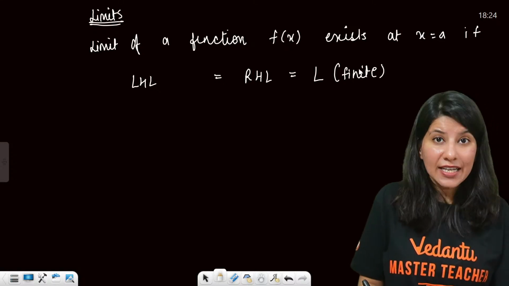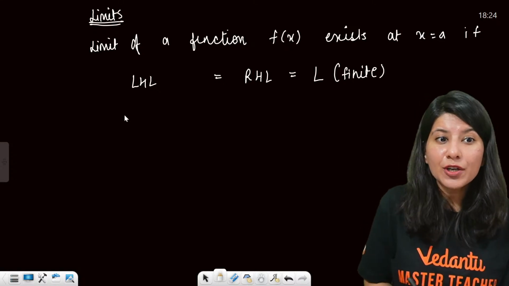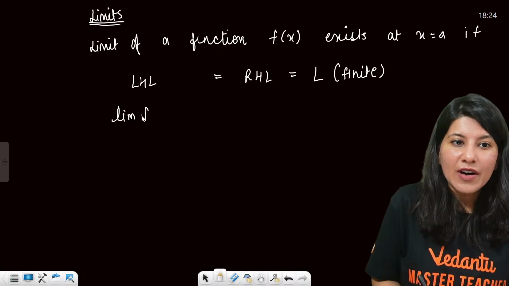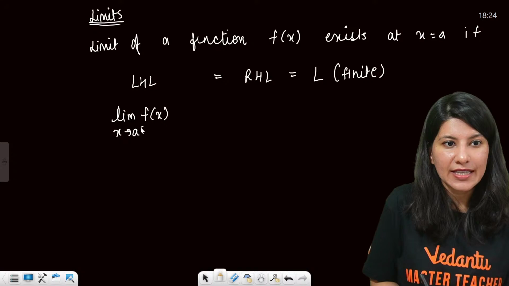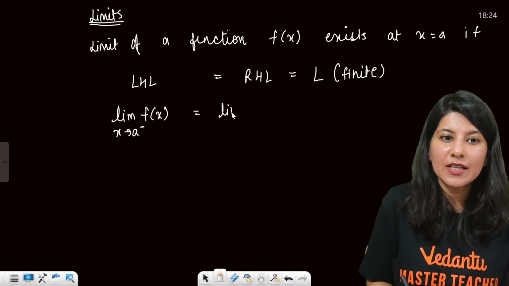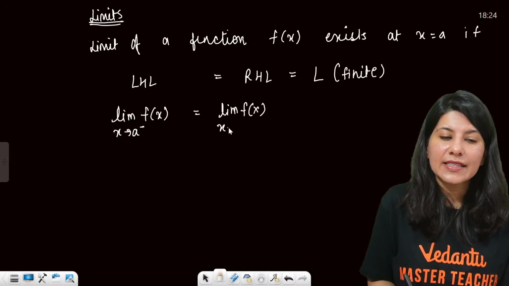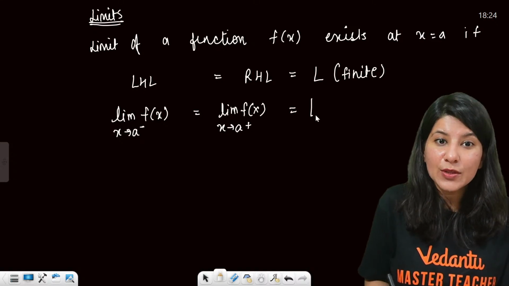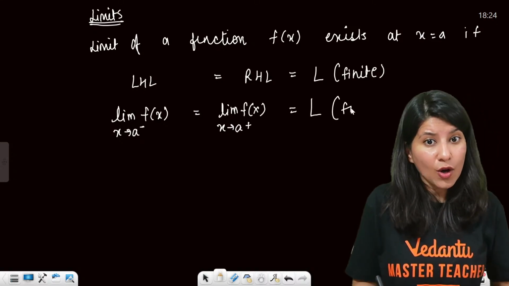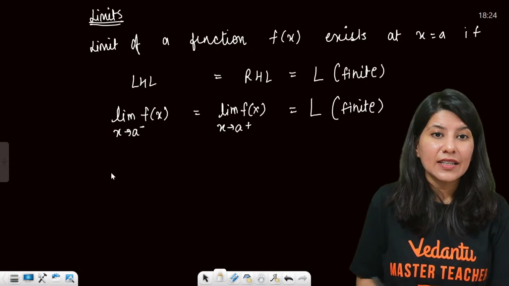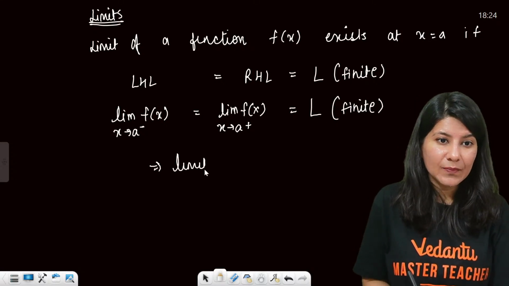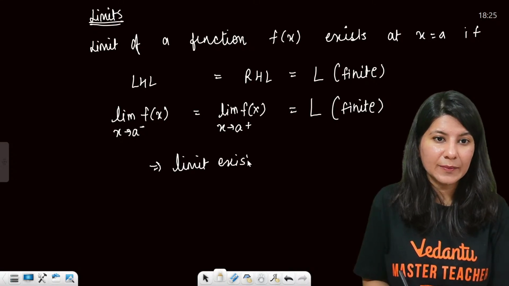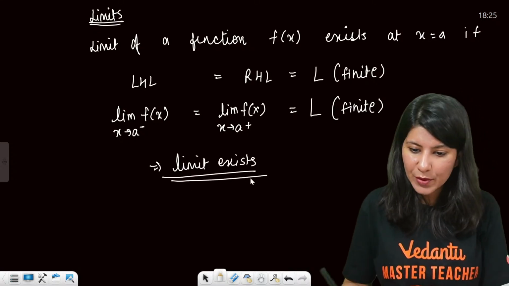What is LHL? When you approach the function from the left hand side, that is your LHL, x tending to a minus. What is RHL? Limit of f(x) as x tends to a plus. If these 2 values are equal and on top of that finite, then we say that at x equals a, the limit exists.